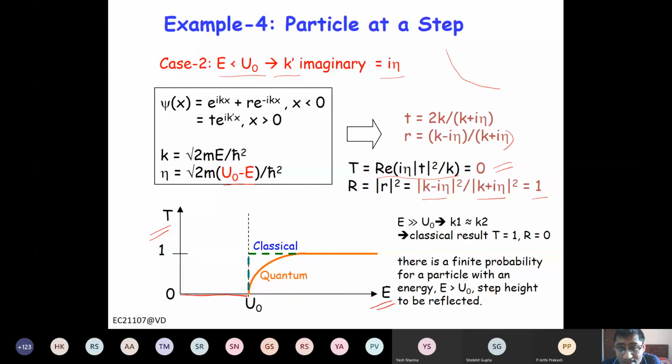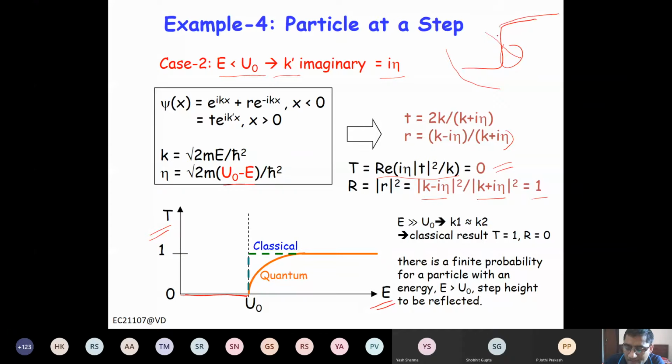Please remember and understand, it is about transmission. So there is no traveling wave. Although there is a decaying wave inside, there is no traveling wave. So if you have a potential here and energy less than U naught, you may have a wave going like this, but it is not traveling, right? It is decaying here, so we say there is no transmission.